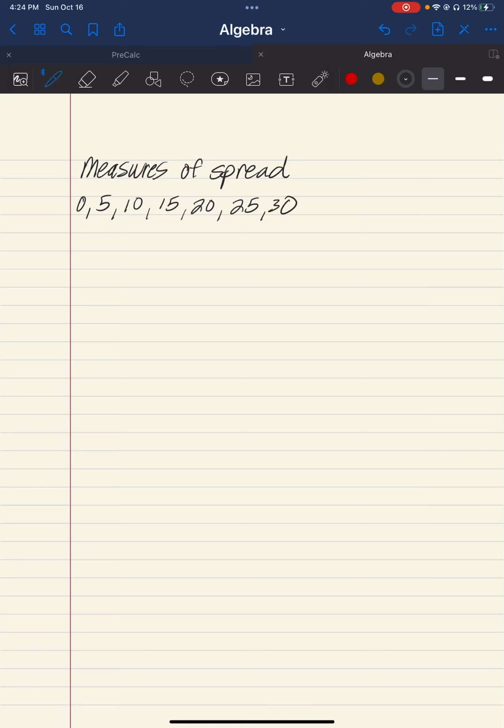So we have 7 data points from 0 to 30. Notice I have these values in order from least to greatest. One of the easiest ways we can measure spread is with something called the range.